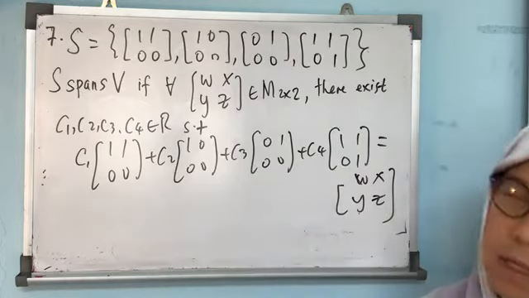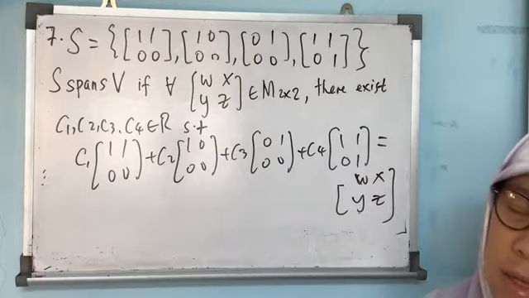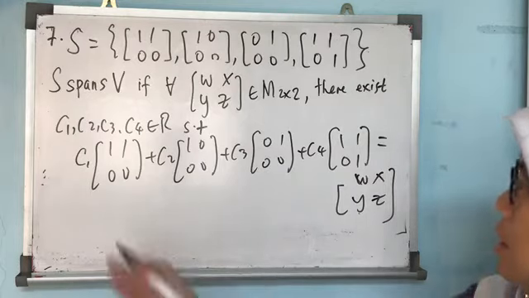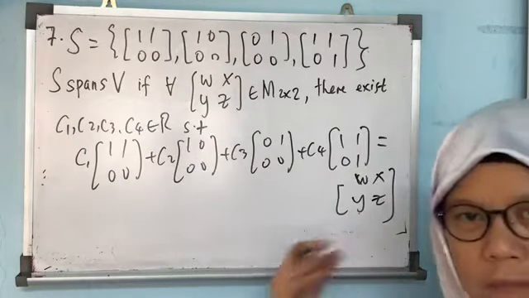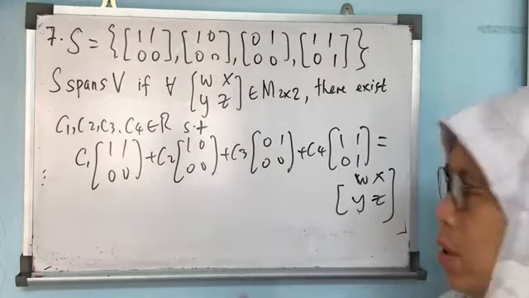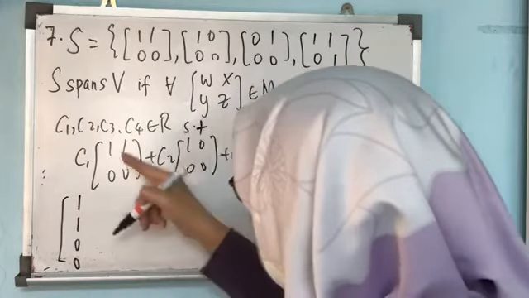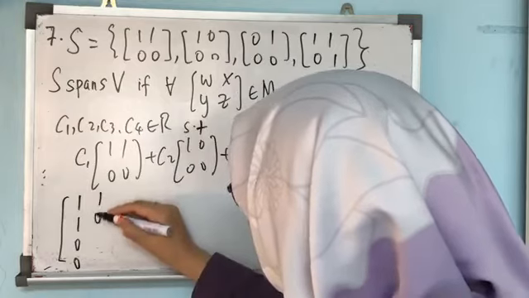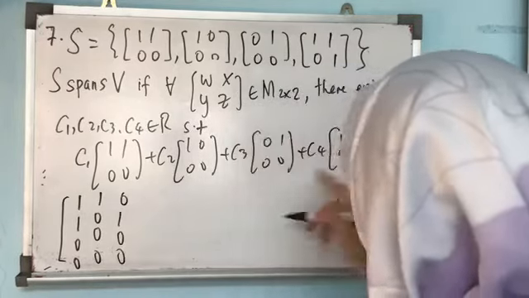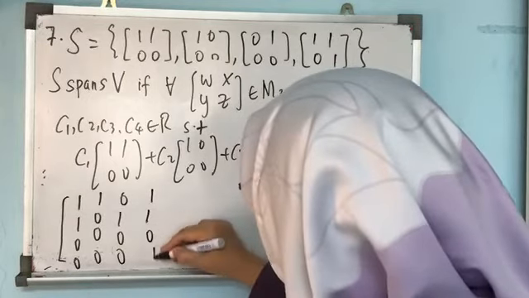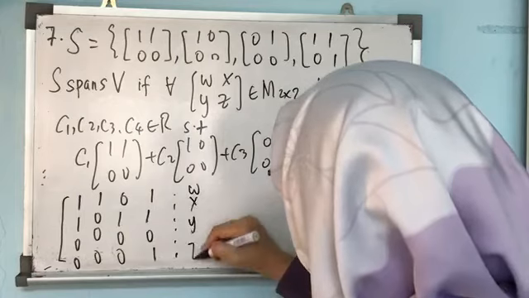If you don't write this out, I wouldn't know what kind of variable you use, the C1s or the W. When you do this, after you write this, then you multiply out, you add, you equate, then back to chapter 2, right? We can write 1, 1, 0, 0, 1, 0, 0, 0, 0, 1, 0, 0, 1, 1, 0, 1, and then W, X, Y, Z.